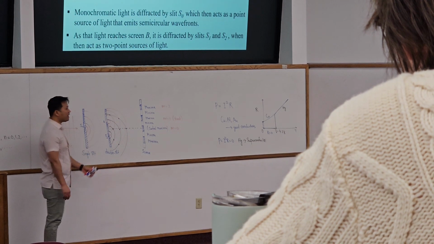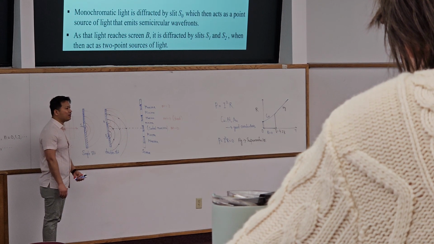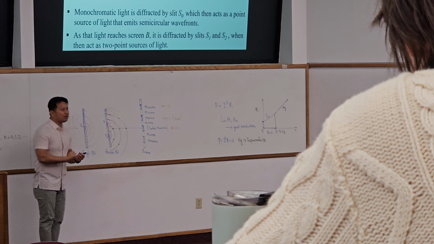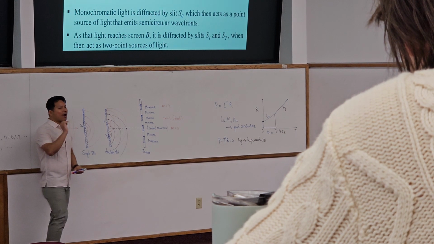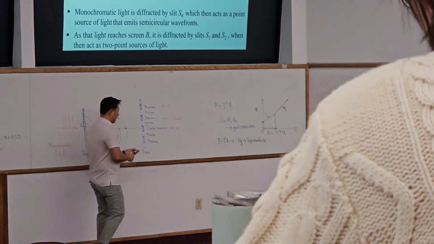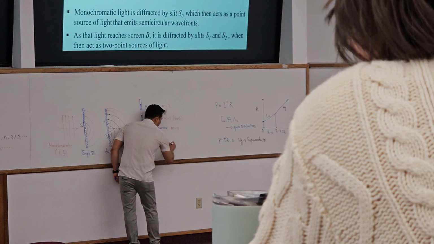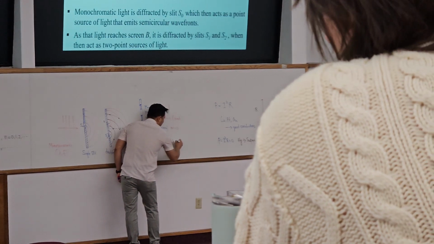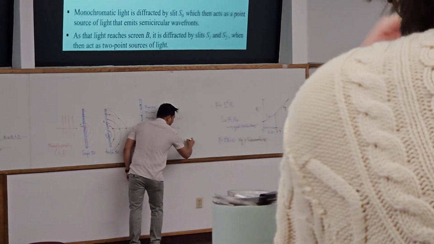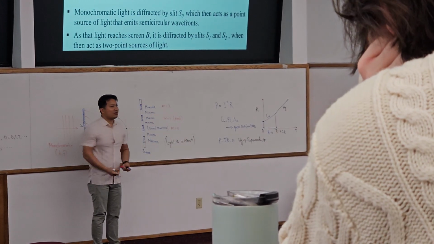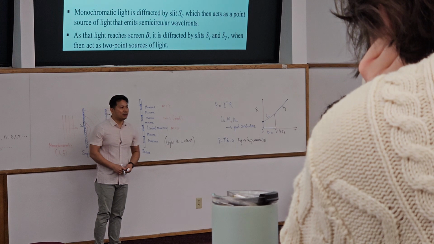He found the maxima and minima over here on the screen, and he could explain his experimental observation only after considering that light is a wave. Light is a wave. Okay? He could explain only after considering that light is a wave.